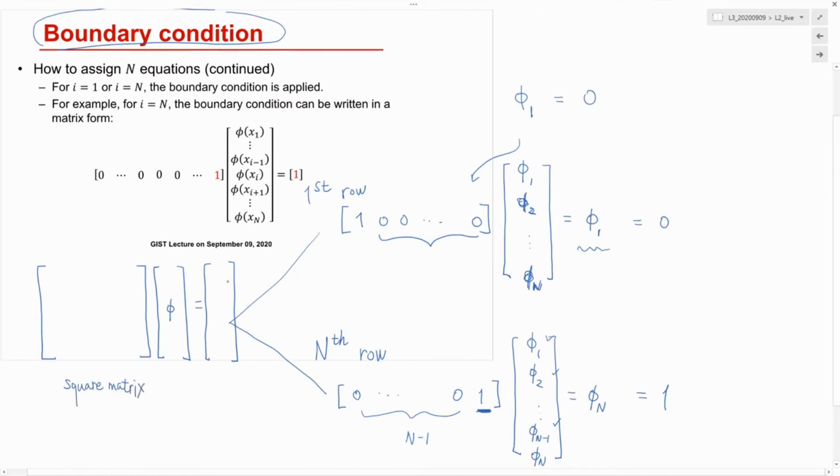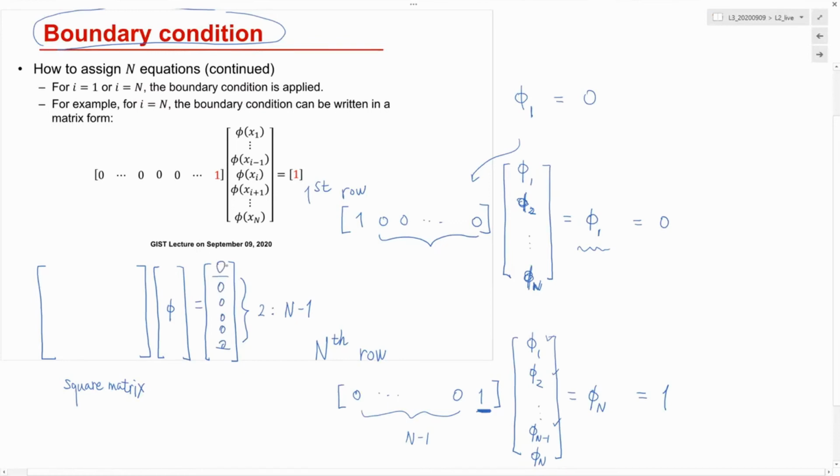From the second row to the n minus 1th row, since we are working with the Laplace equation, we have all 0 on the right hand side.